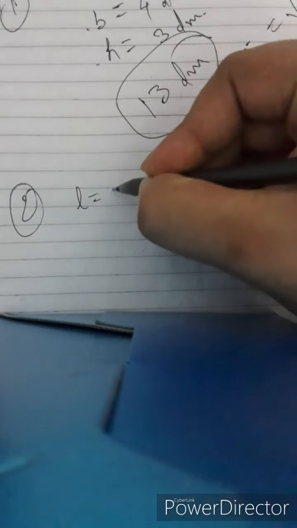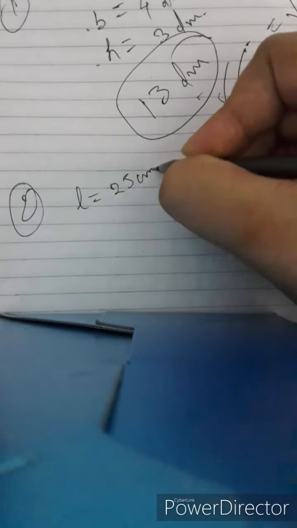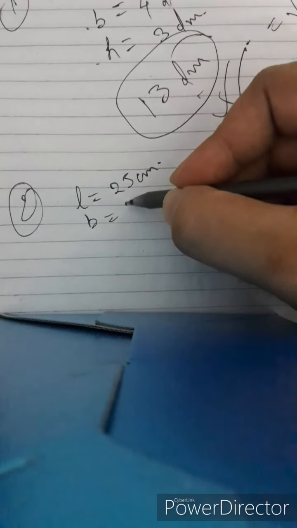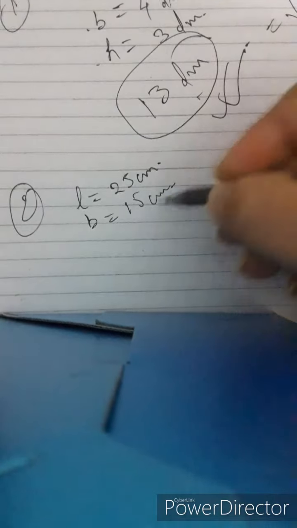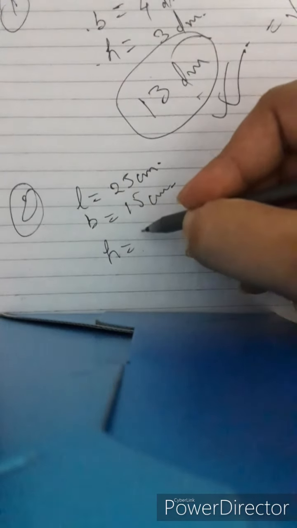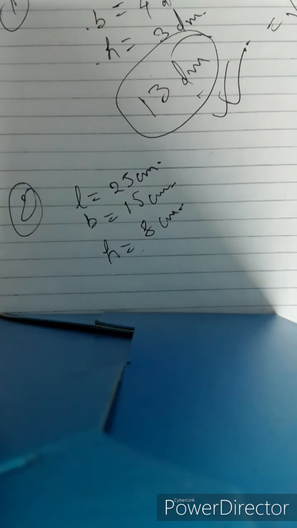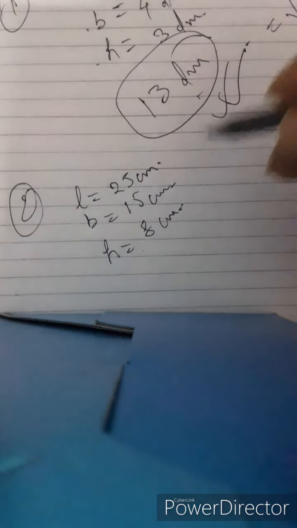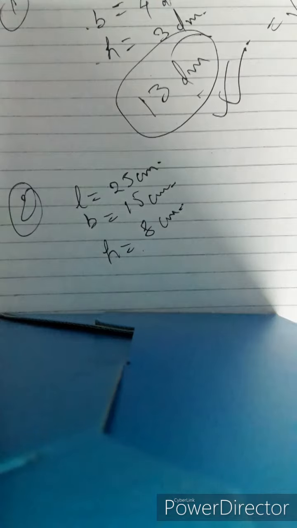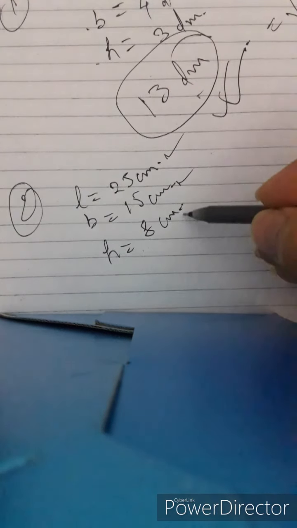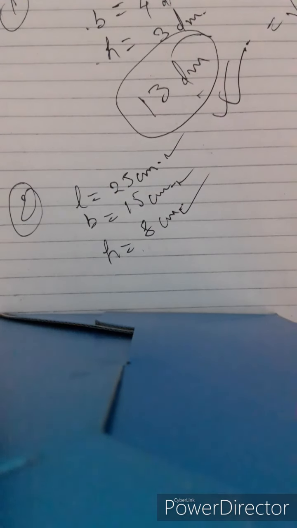The length of each brick is 25 centimeters, the breadth of each brick is 15 centimeters, and the height of each brick is 8 centimeters. Alright, we have to find the number of bricks of length 25 centimeters, breadth 15 centimeters, and height 8 centimeters that are required for a wall.